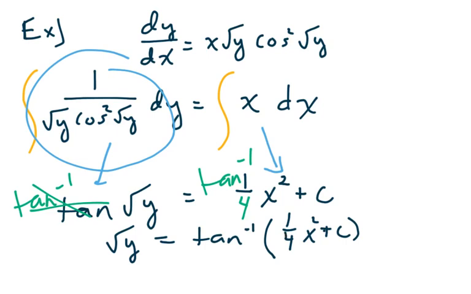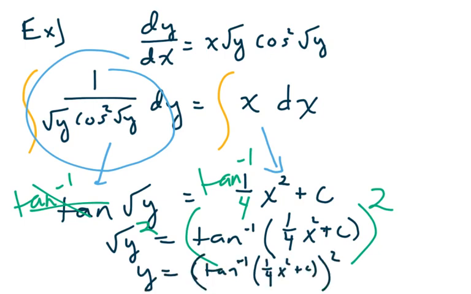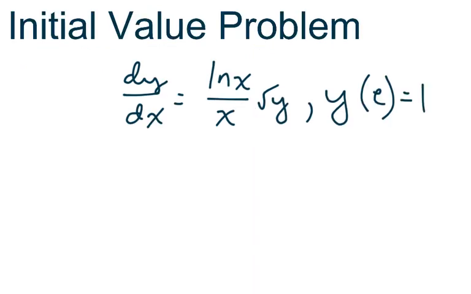And lastly, we're going to square both sides. When I square both sides, just to be safe, we're going to do a big square on the outside of everything, which leads us with a final answer of the quantity of inverse tangent of 1/4 x squared plus c, that quantity squared.